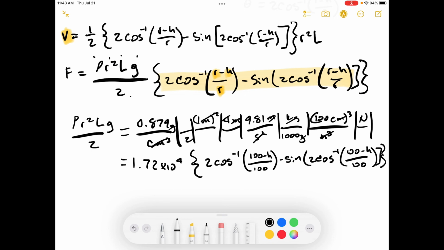And there you have the solution to the problem. When you plug in H as centimeters, it will spit out a dimension that's in newtons because we solved for newtons. So this is our force expression that takes H in centimeters and returns force in newtons.